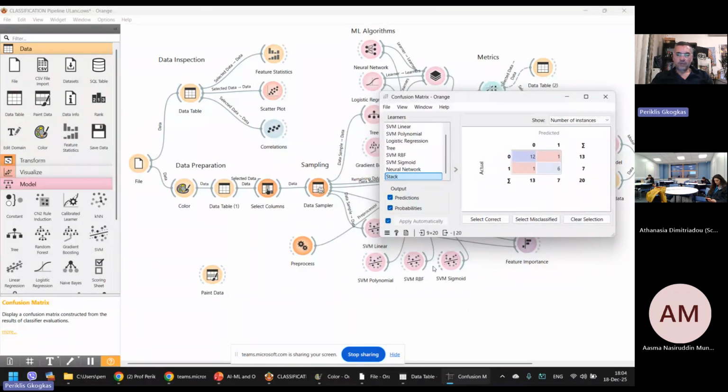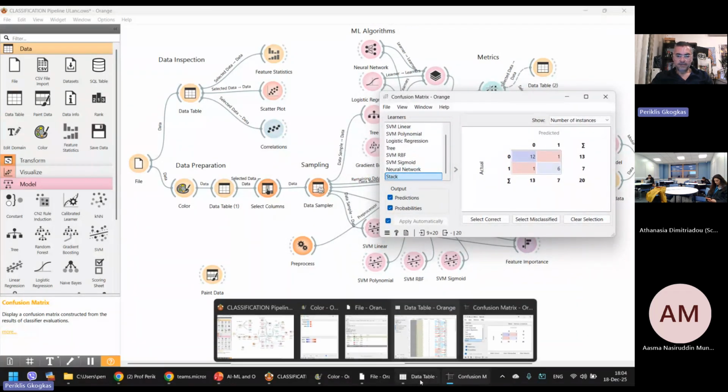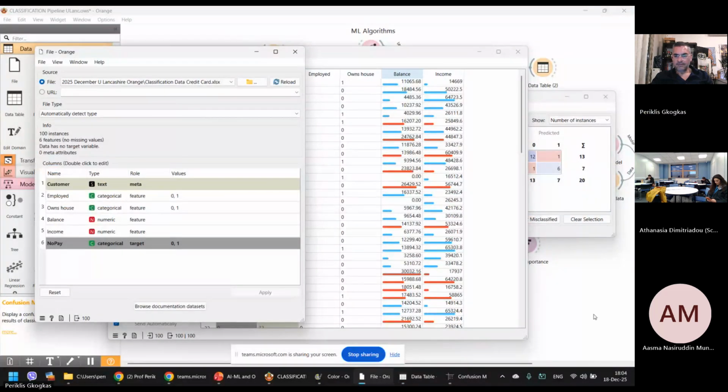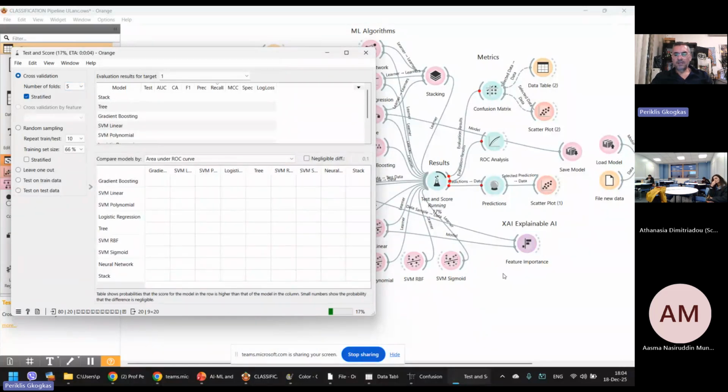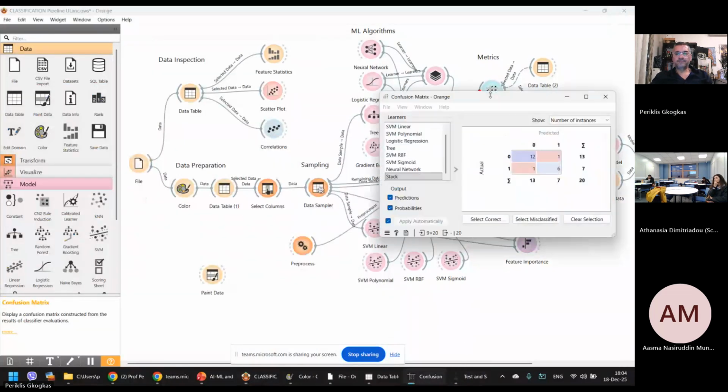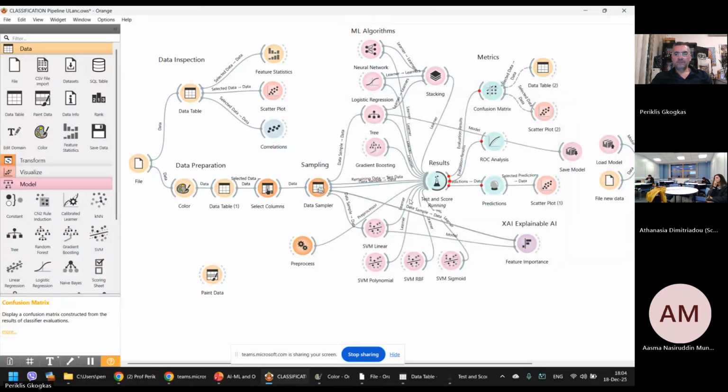So, for example, here we have only 20 instances, because I have the test on test data, I have 20% of the data. Now you're going to see the results for the... it is still training, as you can see.